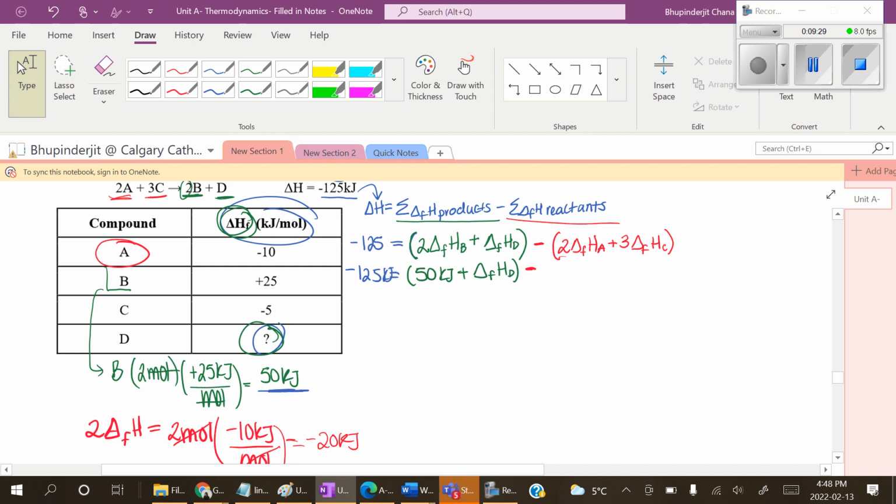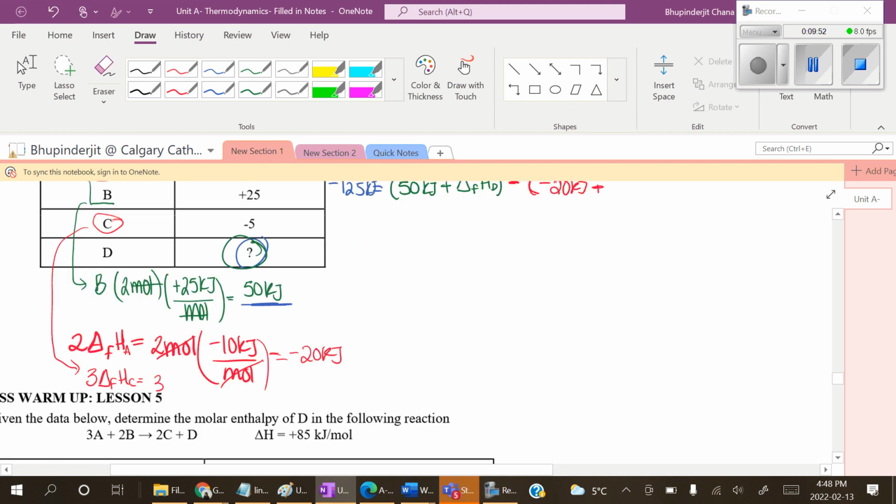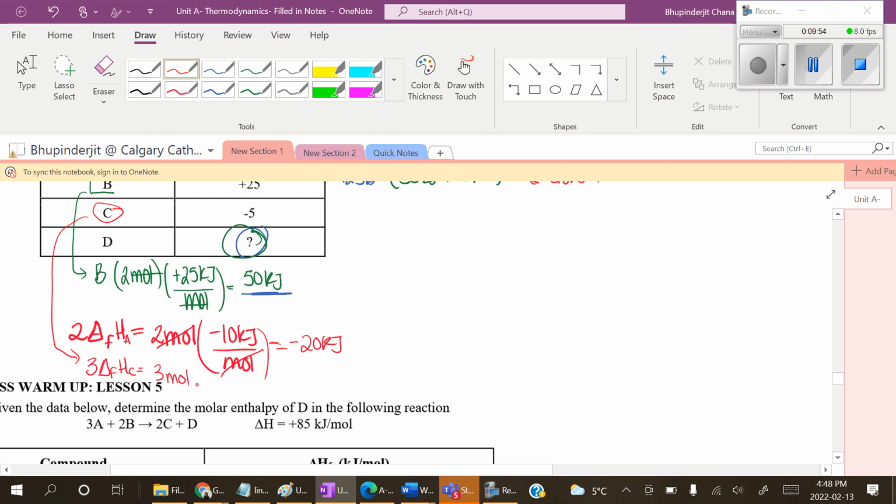So in my brackets, this is negative 20 kilojoules plus, okay, the next one, we are looking at C. So 3 delta FH of C is equal to 3 moles times negative 5 kilojoules per mole.